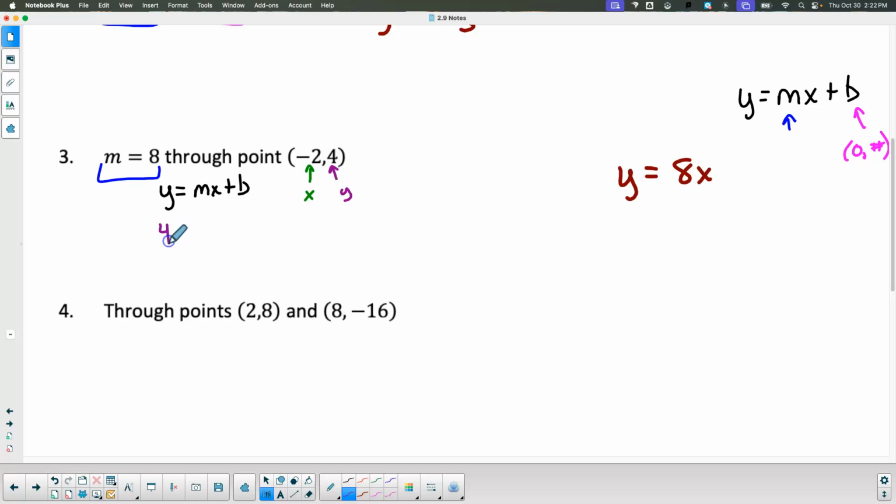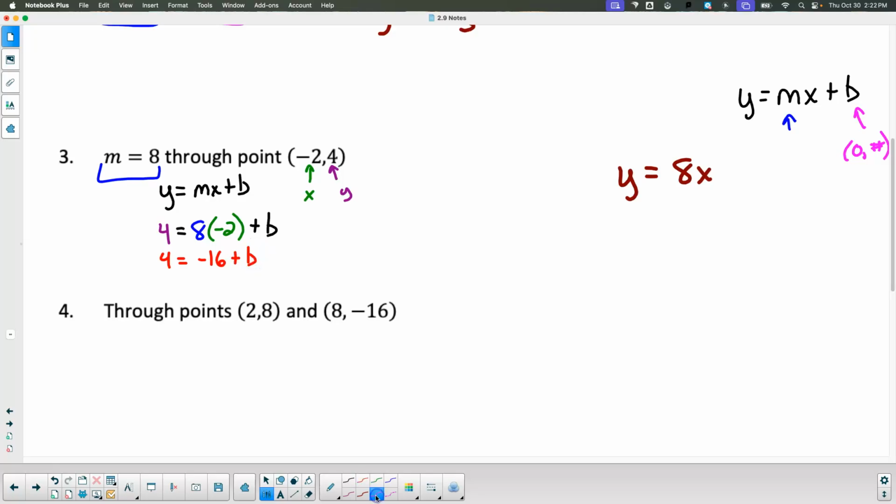And so I can utilize y equals mx plus b, because I know now that my y is 4, I know that my m is 8, I know that my x is -2, and I just don't know that b. But I can solve for it. 8 times -2 is -16. So this becomes 4 equals -16 plus b.